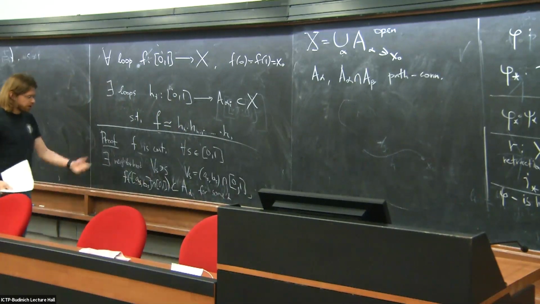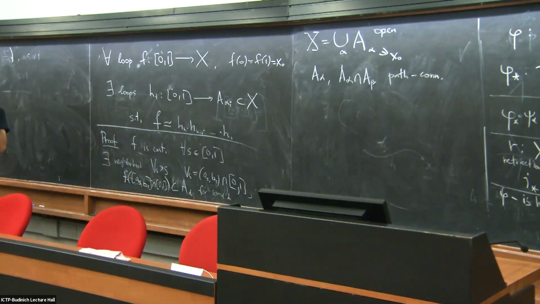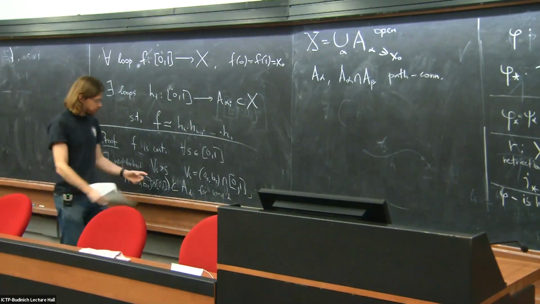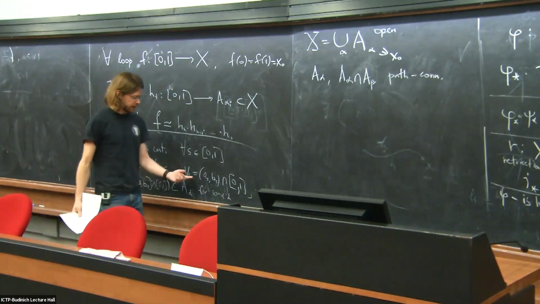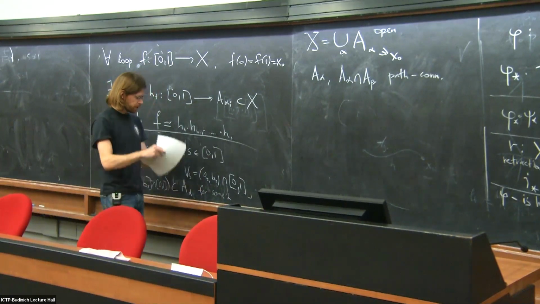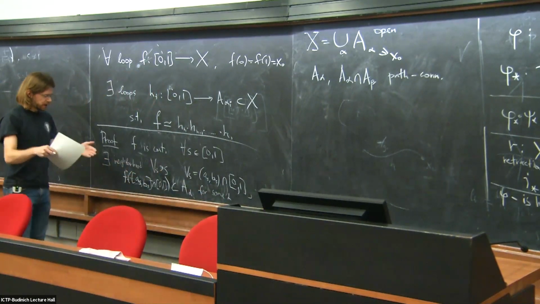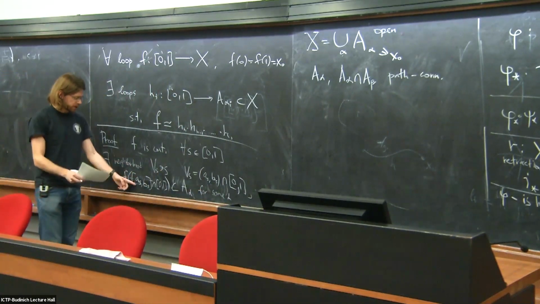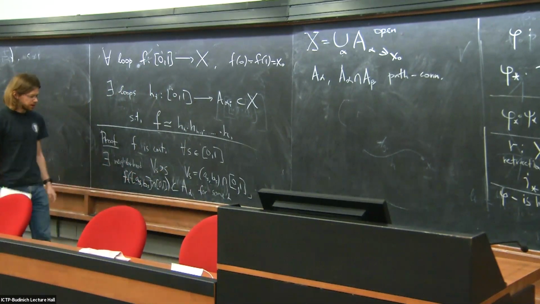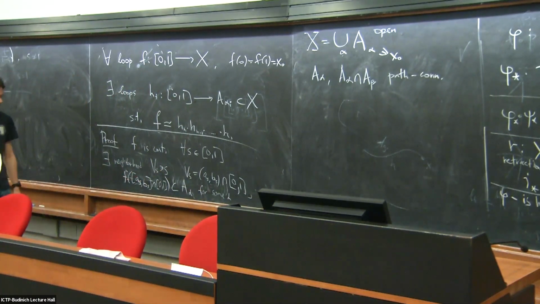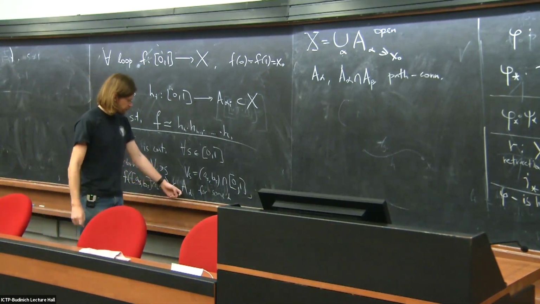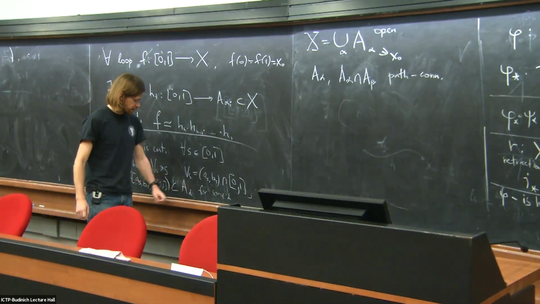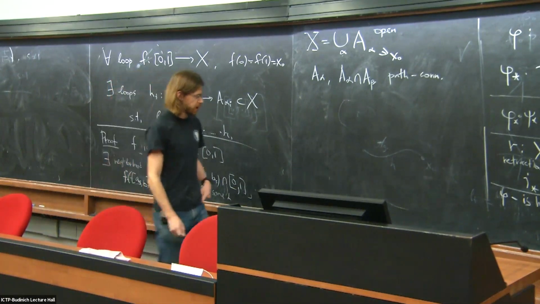By definition of a continuous map, there exists an open neighborhood. I can always choose a neighborhood of this form, an interval, and then I can always make it smaller to ensure that the closure of this interval also belongs to some particular A alpha.